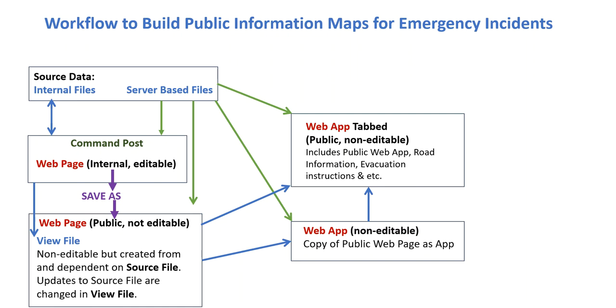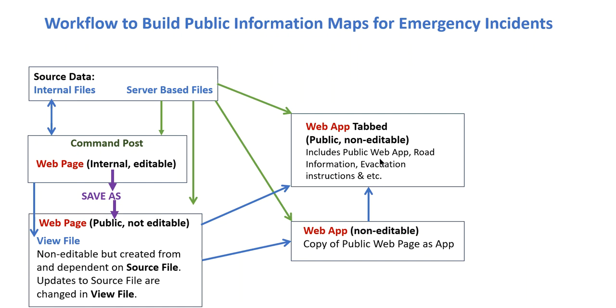And so the one feature class updates the other automatically. So you update your internal web map, and it automatically is reflected in the view file, and you create a new public non-editable web page. And from that one, you create a web app.